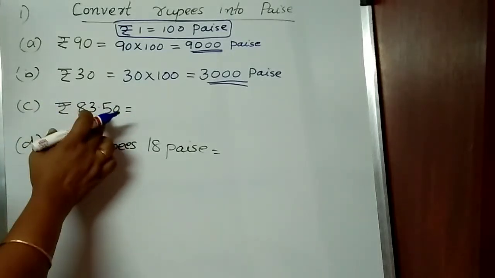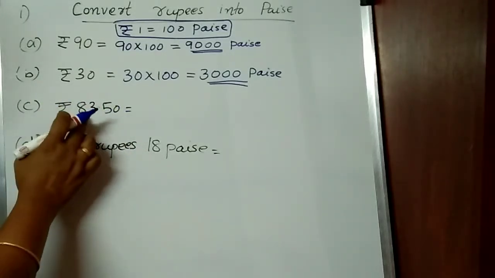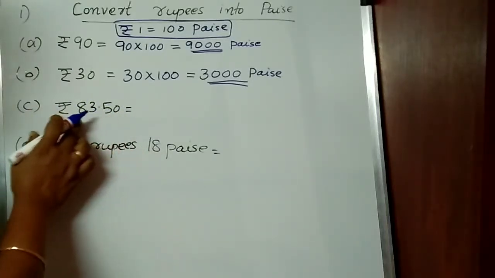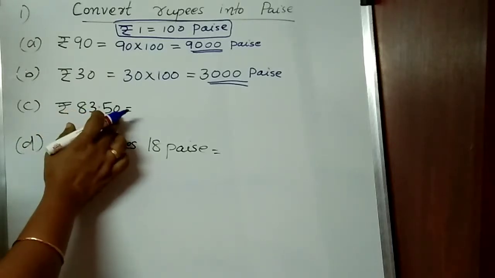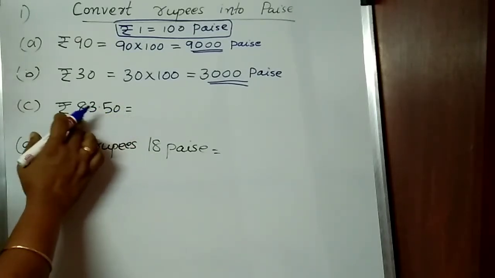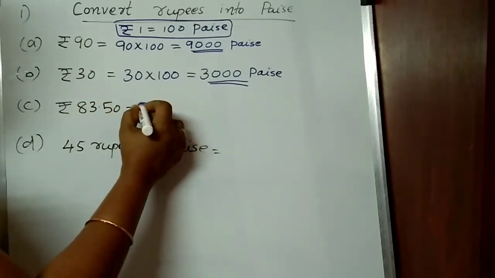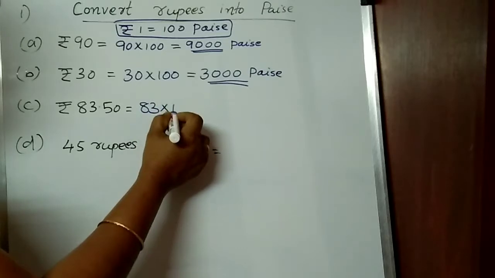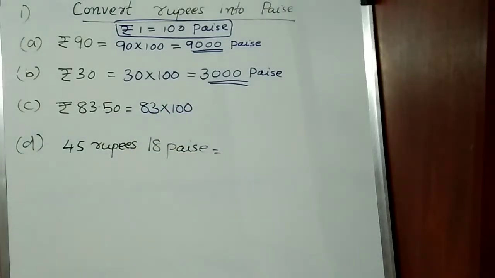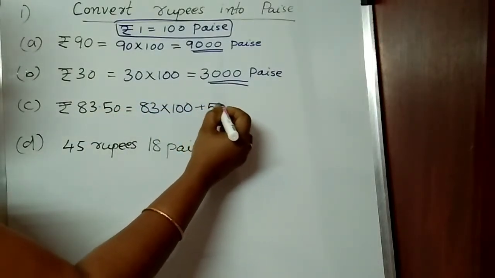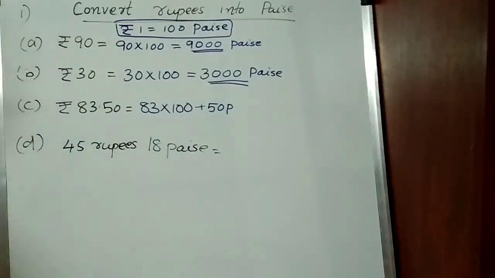Then your question number C, rupees 83.50. That means rupees 83 and 50 paise. Here in rupees there is 83 rupees. This 50 is already in paise, so we cannot convert this into paise. So first you convert only 83 rupees into paise. 83 into 100. This 50 is already in paise, so simply you write 50 paise.